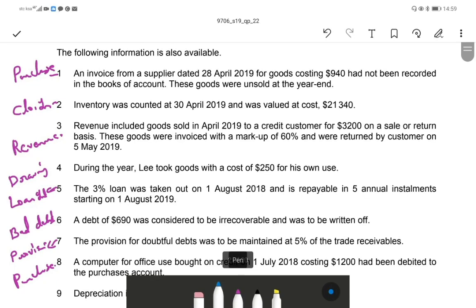So, we can do the first one, revenue. Revenue is coming in the third adjustment. Revenue included goods sold on 1st April 2019 to a credit customer, 3,200, sale or return basis. We will not include the sale or return basis goods in the revenue.